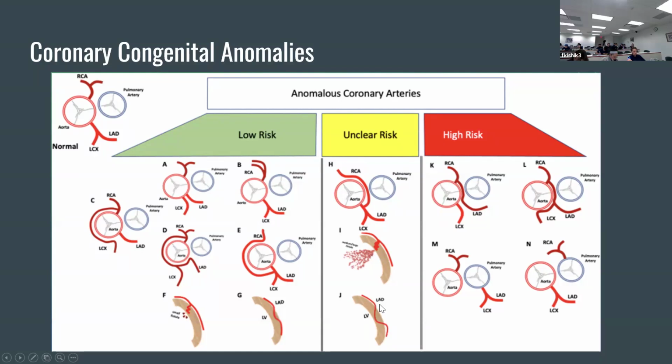We talked about how most coronary arteries, the large ones, should sit on top of the epicardial space, on top of the heart. Myocardial bridging is when the artery actually dips into the myocardium and then comes back out. So with systole, this artery is compressed and there's restricted blood flow.